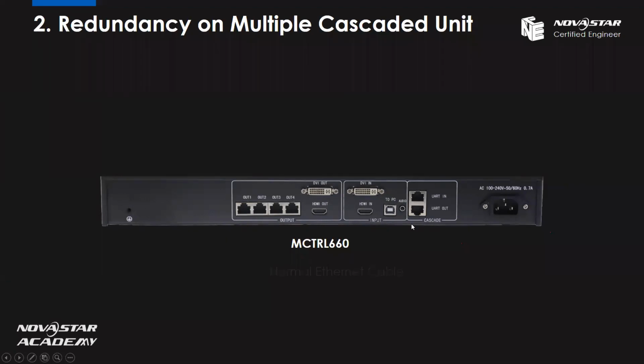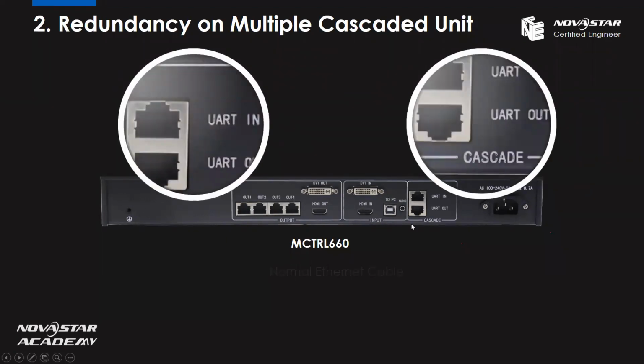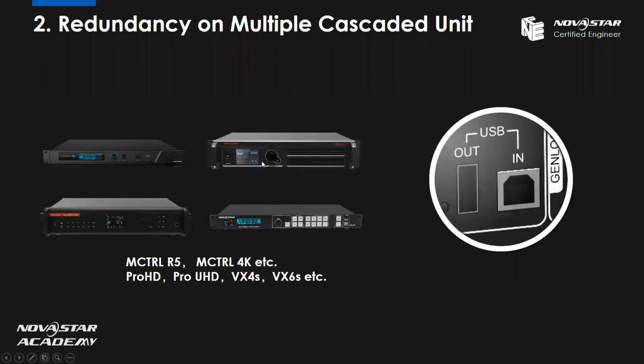And the third way to do the cascading will be all the new products like the VX4S, Pro HD, MCTRL R5, 4K, or Pro UHD Junior. Every controller later than the MCTRL 660 is using the USB cable to do the cascading, which will be easier to understand and easier to find.